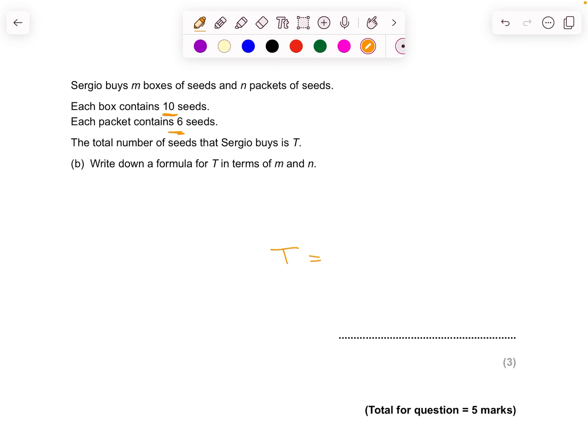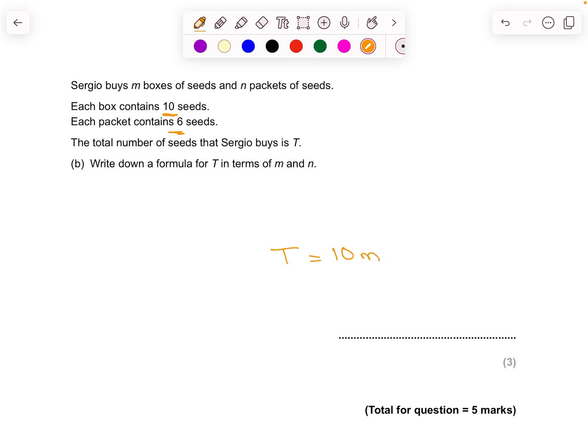So if he buys one box, there are going to be 10 seeds because it's 1 times 10. If he buys 3 boxes, it would be 3 times 10 because there are 10 seeds in each box. However, all we know is that there are M boxes, so we're going to do 10M.